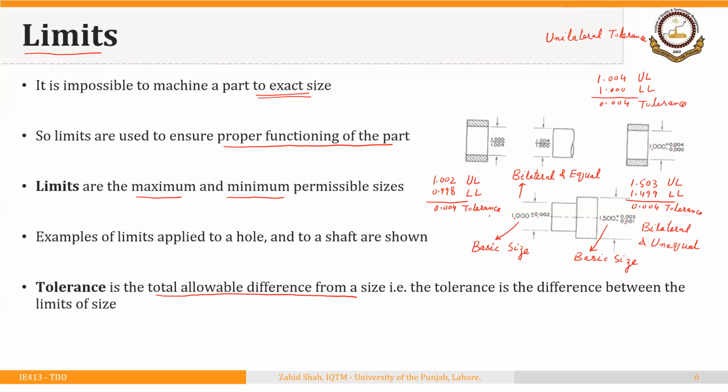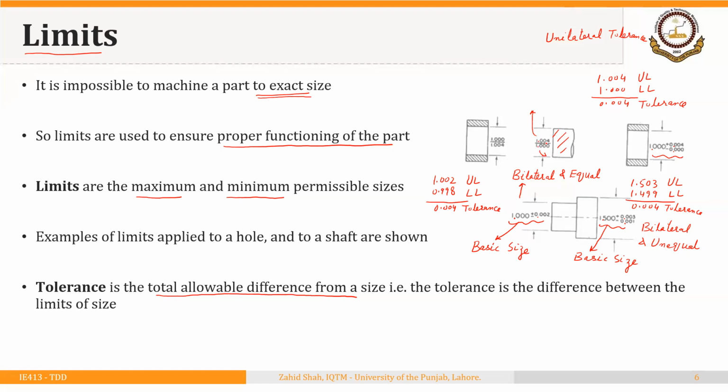Now in all these three cases, we showed the upper and lower limits applied to the basic size. We can show the upper and lower limits only without actually mentioning the basic size. So in the case of an external feature like a shaft, the upper limit is shown at top and below that is shown the lower limit.